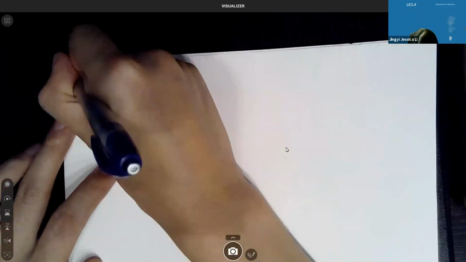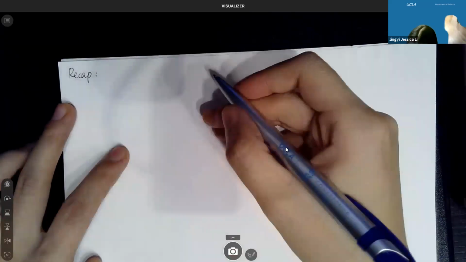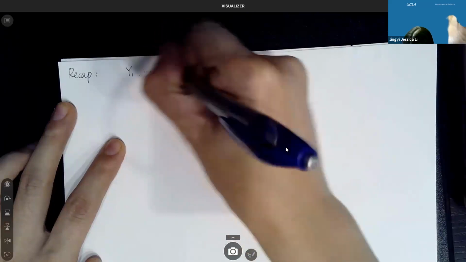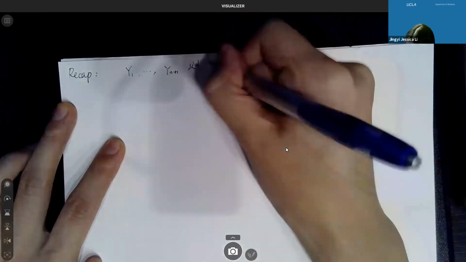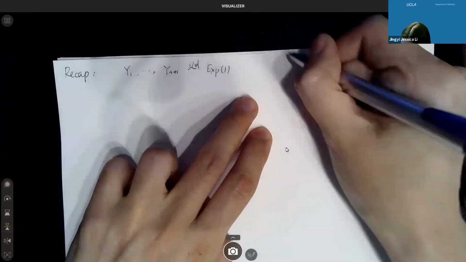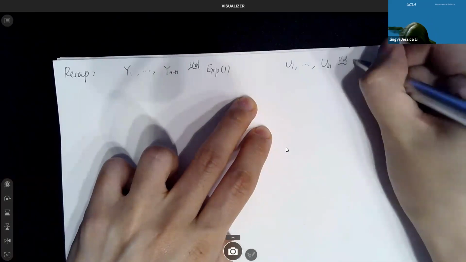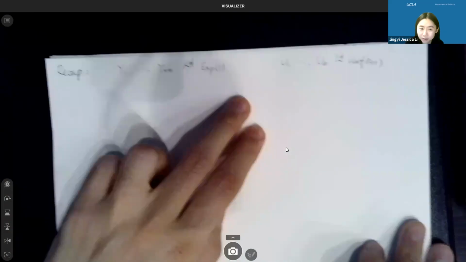Just as a recap, the logic of deriving the sample quantile is that we first prove that if we have Y1 to Yn+1 as IID exponential 1, and also U1 to Un as IID uniform 0 to 1, we have these two sets of IID random variables.